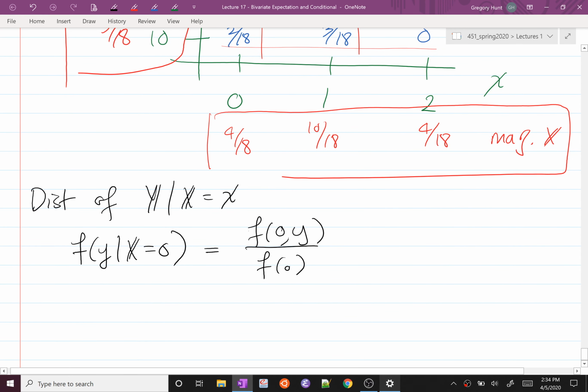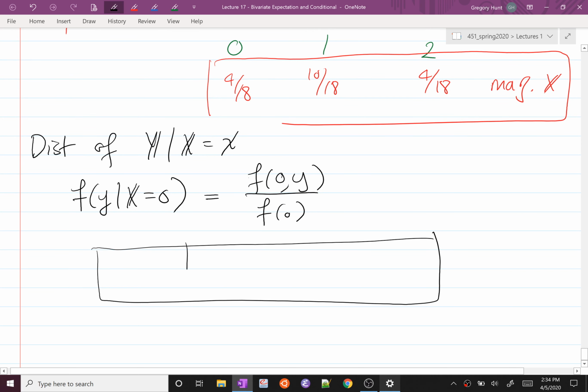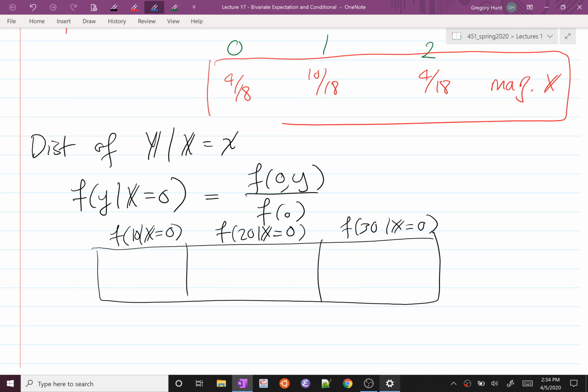And so we basically get a table, and in each point in the table we fill in f of 10 given x is 0, f of 20 given x is 0, and f of 30 given x is 0. Okay. f of 10 given x is 0 is f of 0, 10 over f sub x of 0.